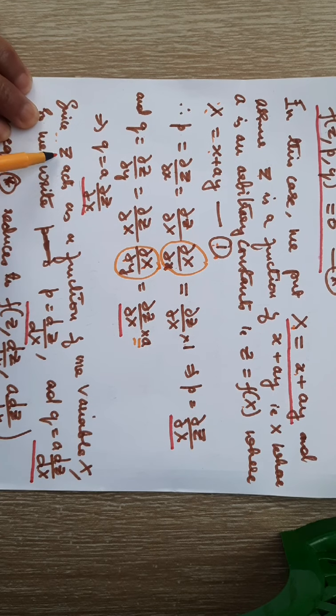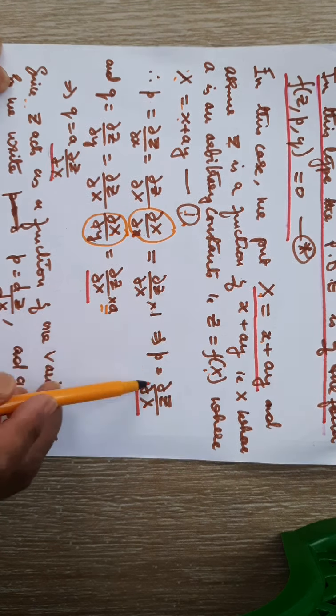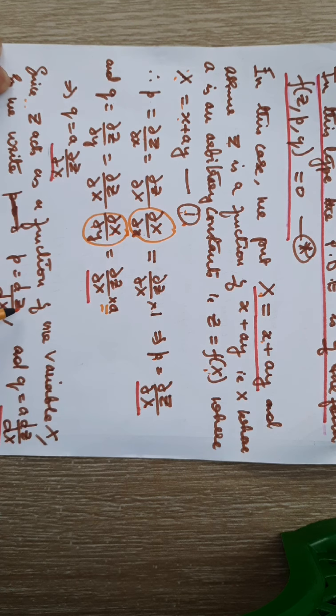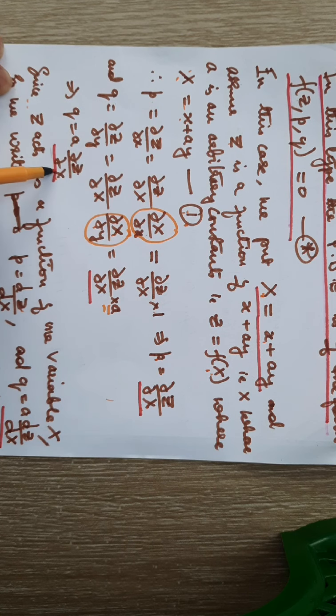Now you see that since z acts as a function of just a single variable capital X, in place of del z del X we can replace p by dz dX, which is an ordinary derivative. Similarly for q, because we have a del z del capital X, we replace it by dz dX. So q will be a dz dX.